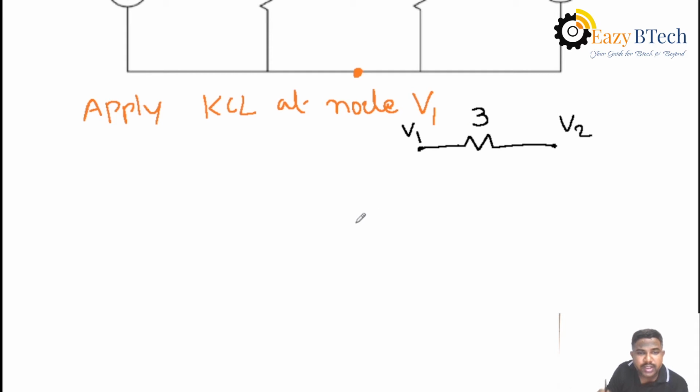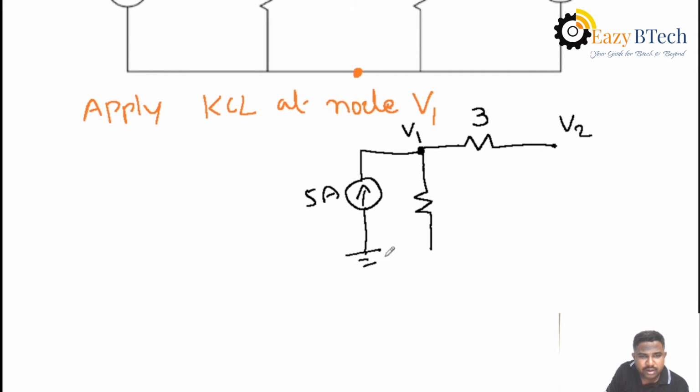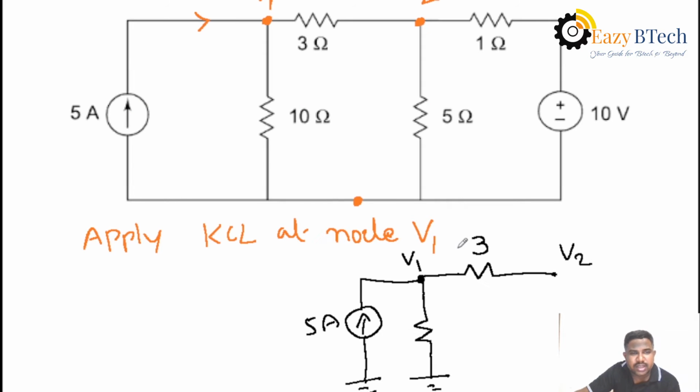You write down the equivalent circuit at the corresponding node. Here we are writing equations at V1. Then what elements are connected at V1? You must show at the V1 node these are the elements connected. Then all elements are connected to the reference, that is the ground node.